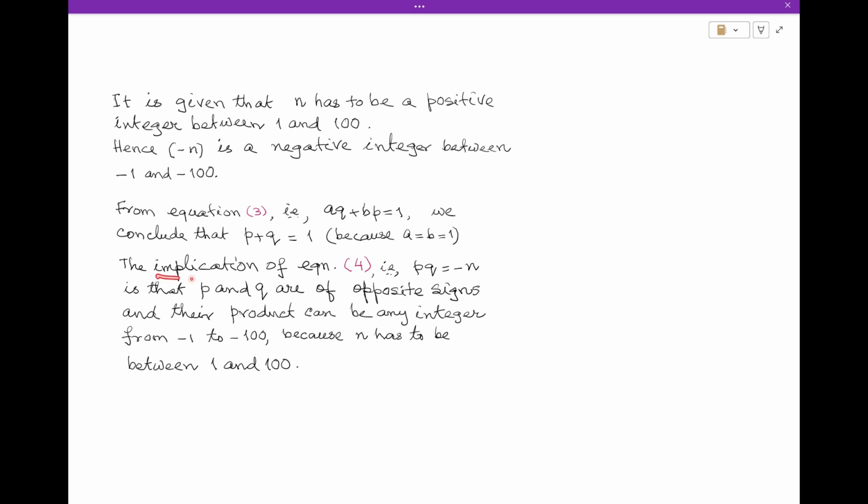The implication of equation 4, that is pq is equal to minus n, is that p and q are of opposite signs, and their product can be any integer from minus 1 to minus 100, because n has to be between 1 and 100.